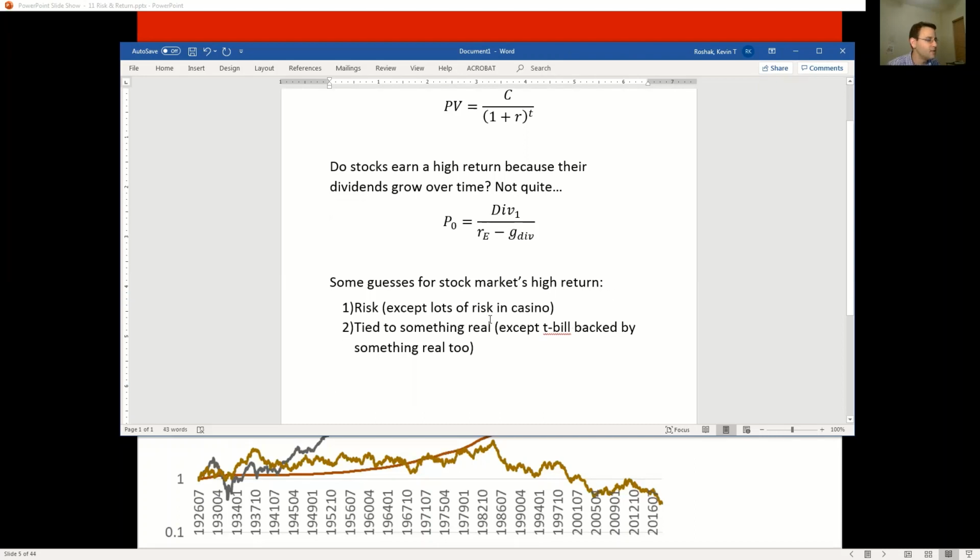So what we need is something that connects both risk and the real. The stock market earns a return because it's risky and it's tied to the real economy, right? You need both of those two things together.